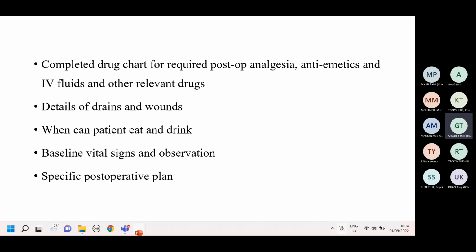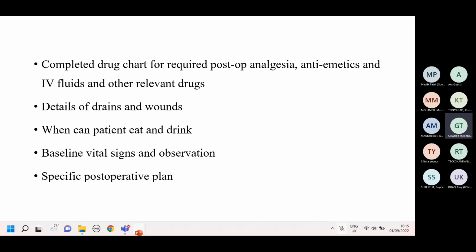Then you should ask the surgical team whether the patient can eat and drink. When the patient has had abdominal surgery, if there is any contraindication to starting feeding early, we need to know that as the doctor managing the patient post-operatively.